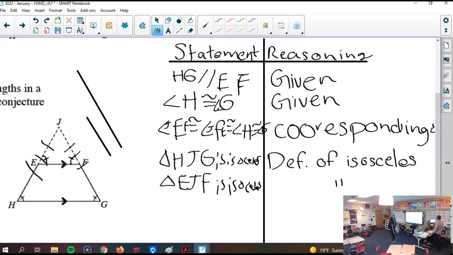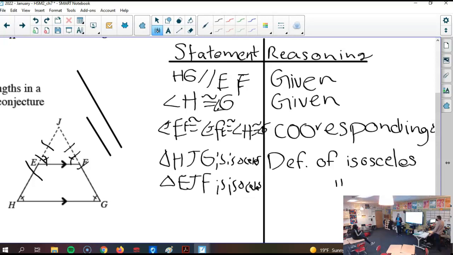So then once we get there, what are we going to say? That it's an isosceles trapezoid. So what's the if-then statement that we can make at the end of what we've proved? If you have the two base angles of a trapezoid congruent, it's an isosceles trapezoid.